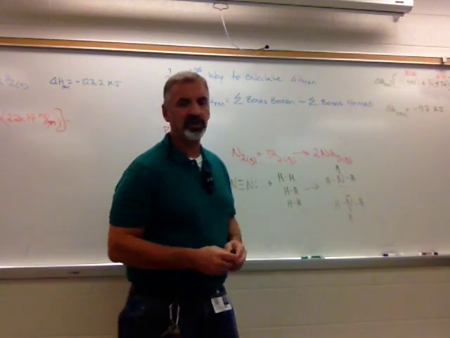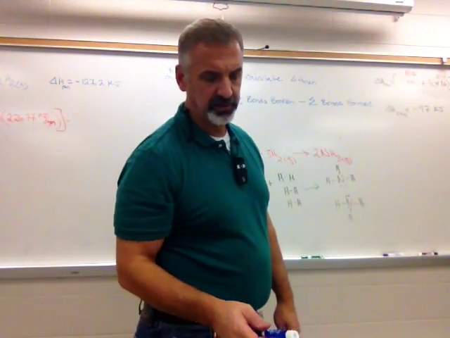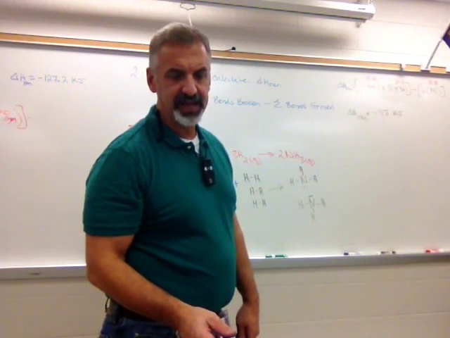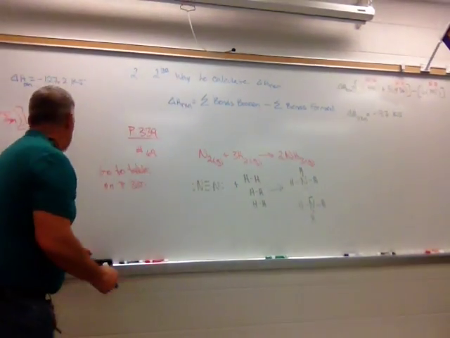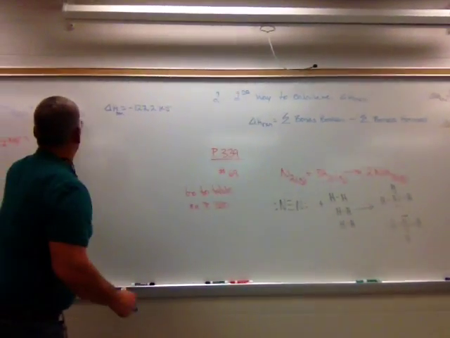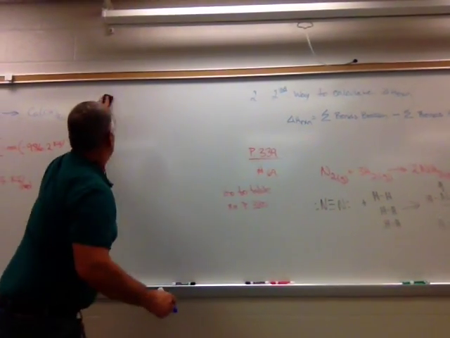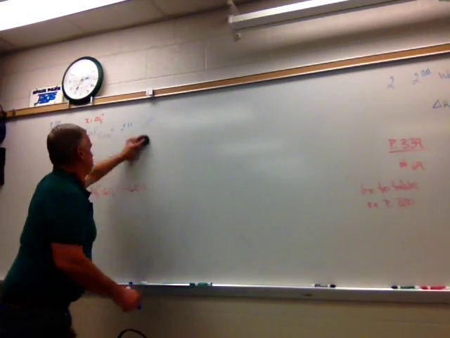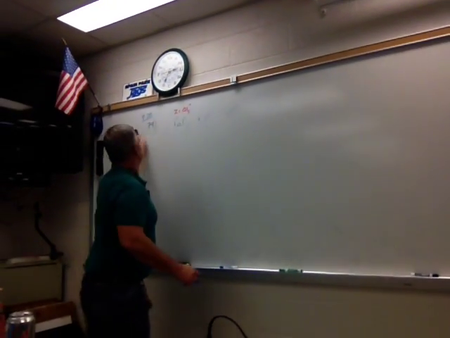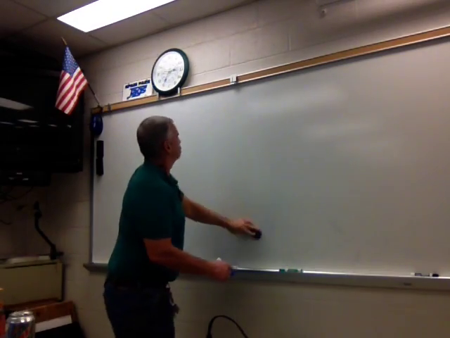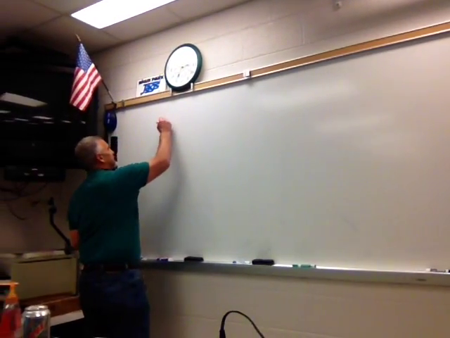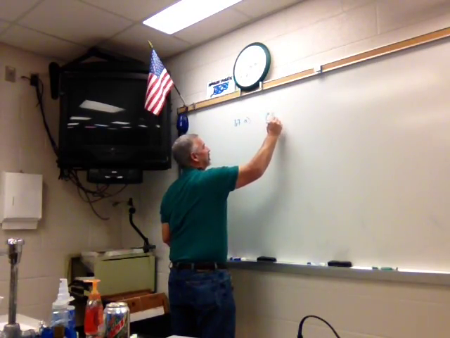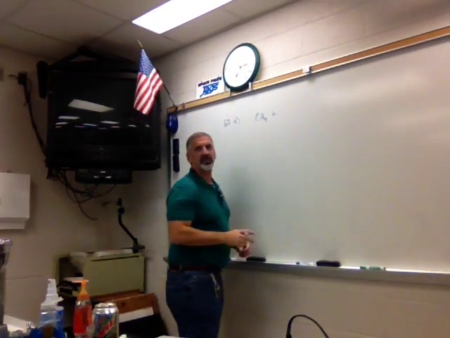So let's look at one more and we'll call it a day. As we look at number 67, let's look at 67A. And for the sake of time, we'll just do this one all together. And that's going to be CH4 plus, what is it?